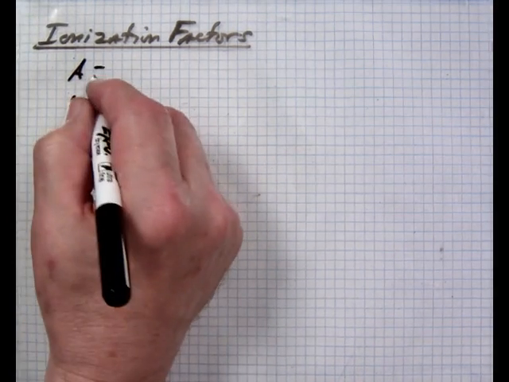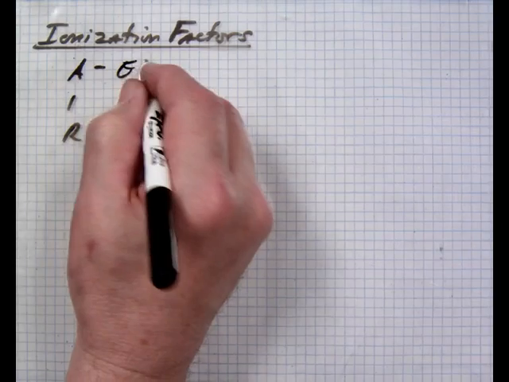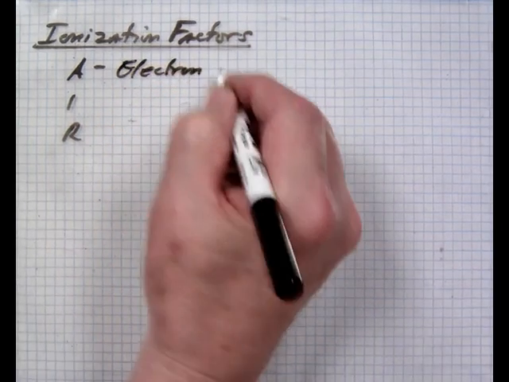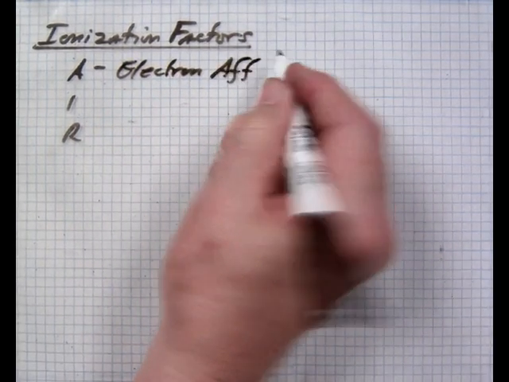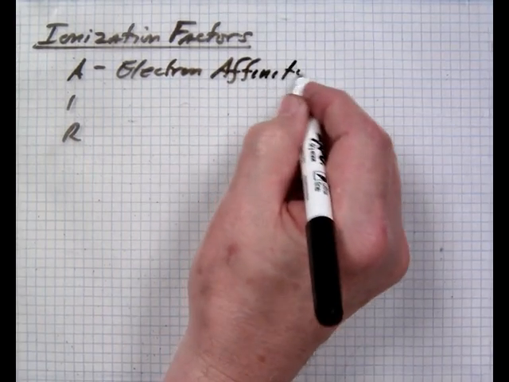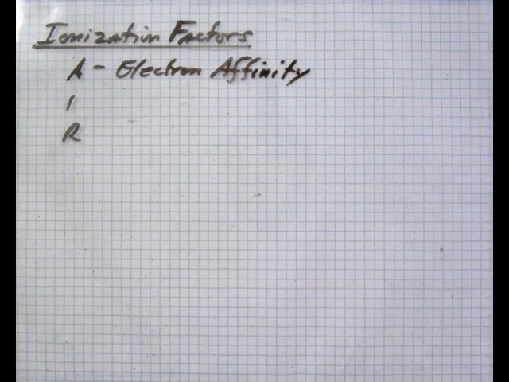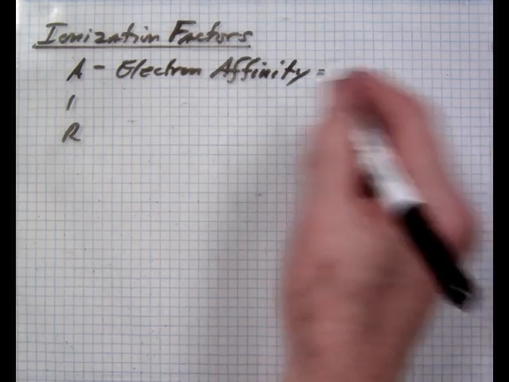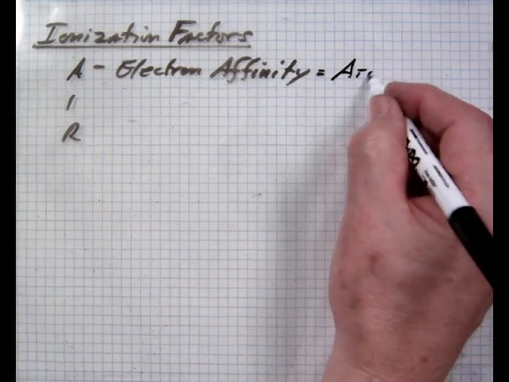A-I-R. A stands for electron affinity, or affinity simply. Electron affinity is how strongly a given element attracts electrons into its outer shell. How strongly or how active are they in adding electrons. This is attraction.